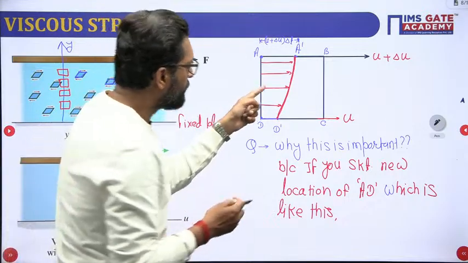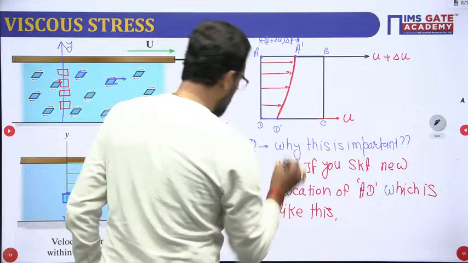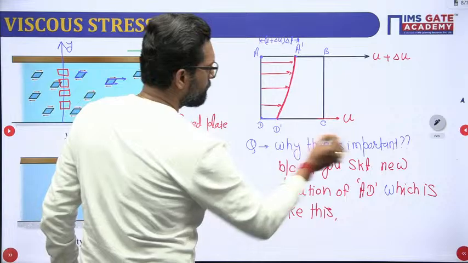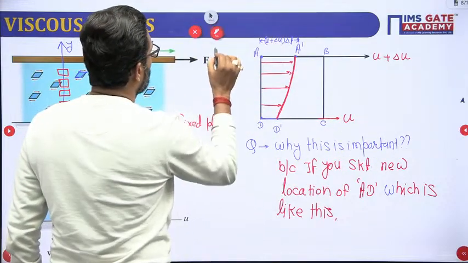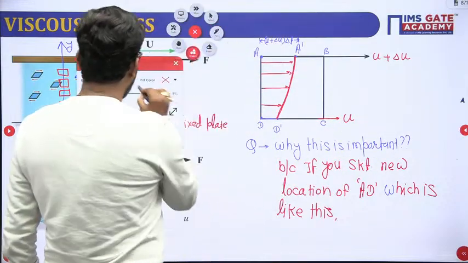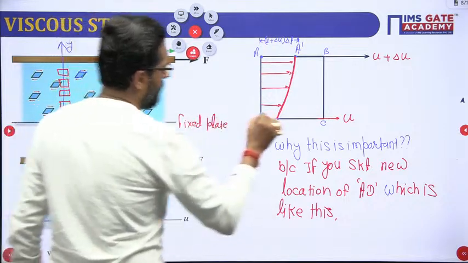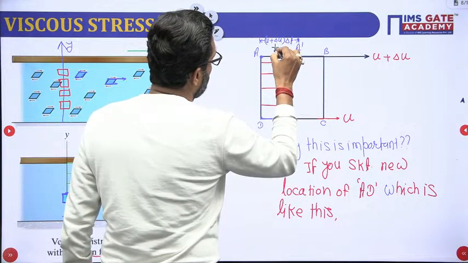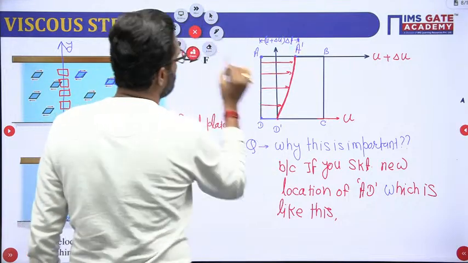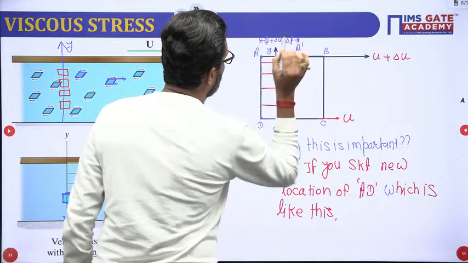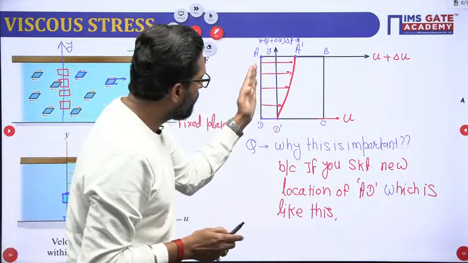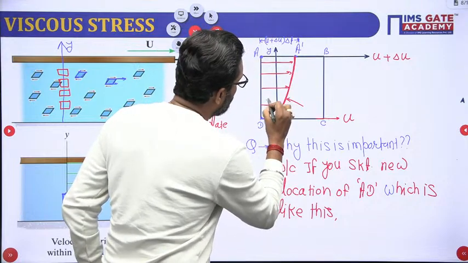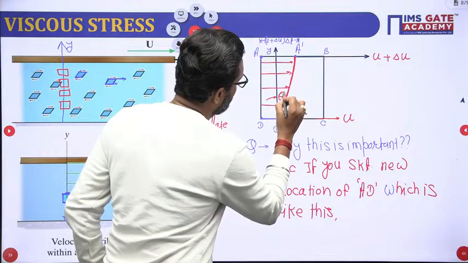Okay. So this is your angular deformation, yes or not? See this one. If you try to draw the line from here, let's suppose this is the y direction. If you try to draw this line, so this is not only linear deformation, there is also an angular deformation theta.